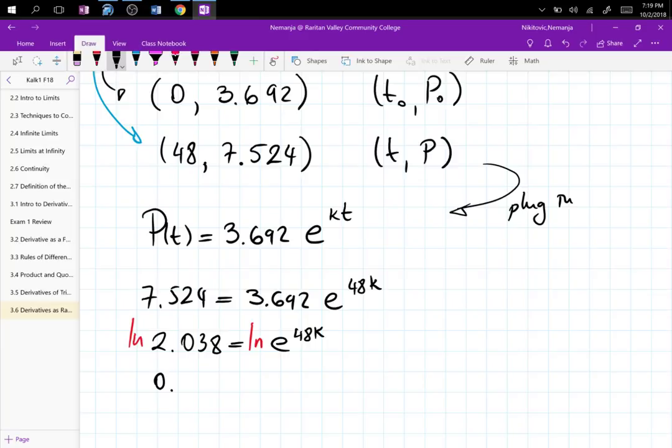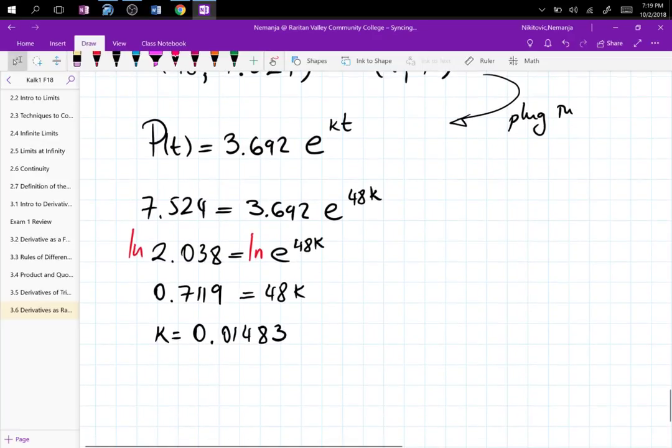That's 0.7119, equal to 48k. And finally k is equal to, divide by 48, 0.01483. We keep 3 significant figures. We got k, which is the constant of population growth.